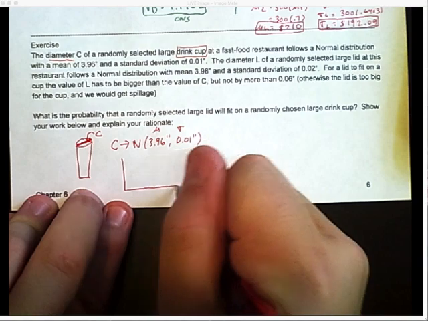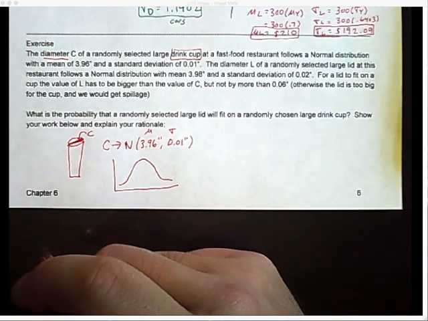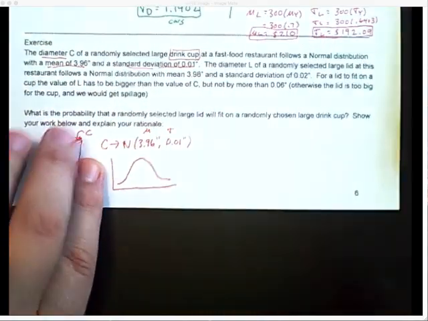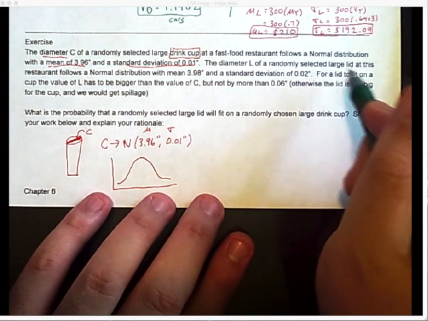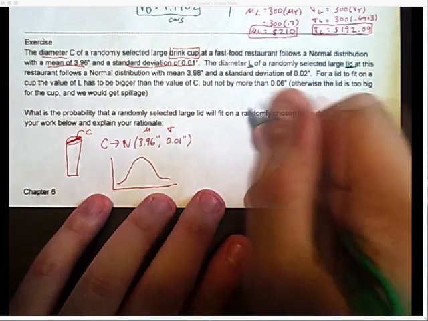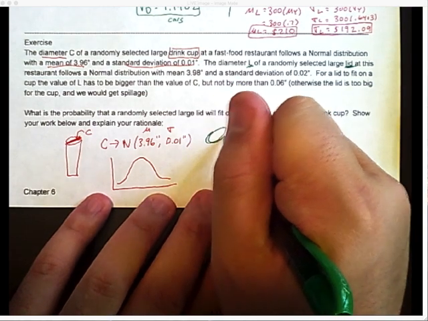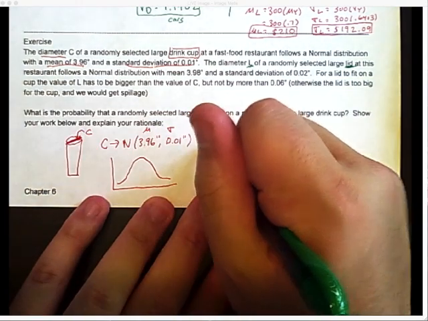All right, since it's normal, you could draw a normal curve to represent that. Now I'm just going to highlight that in red. The diameter L of a randomly selected large lid, so L is talking about the diameter of just the lid, the lid that goes on top. So there's the lid that's going to go on top of that cup, and that has a certain diameter.